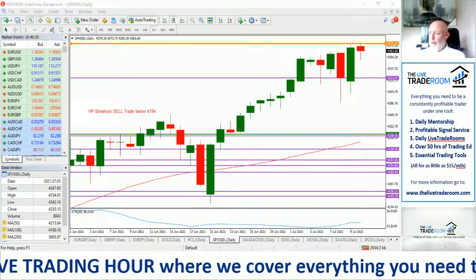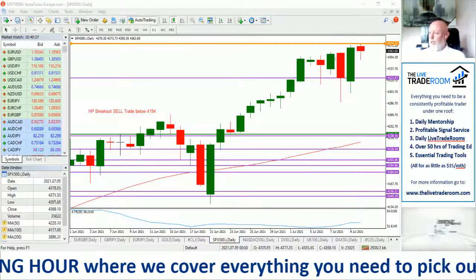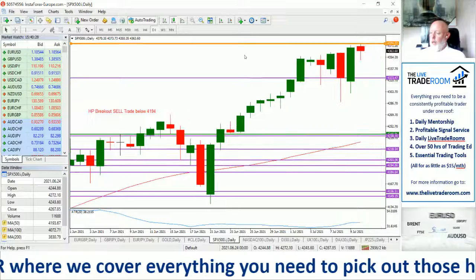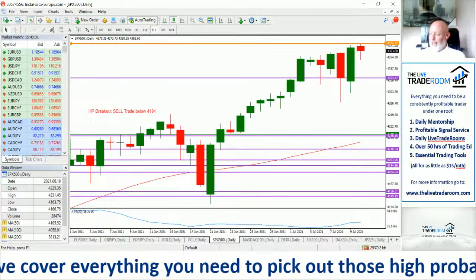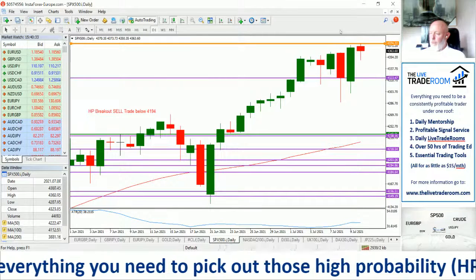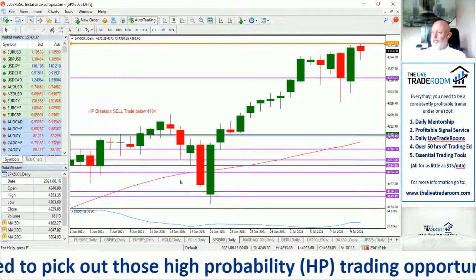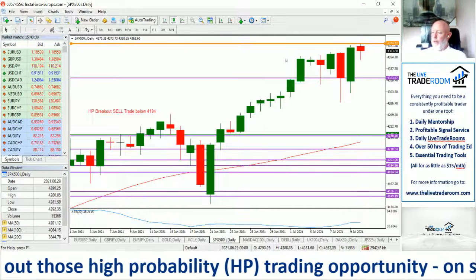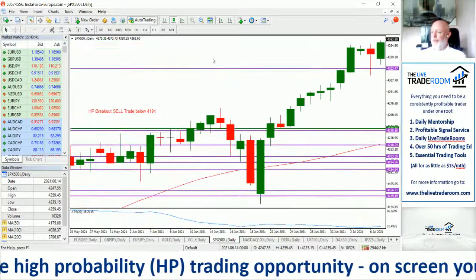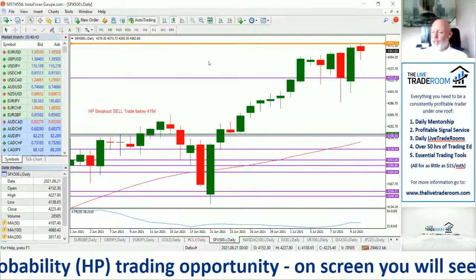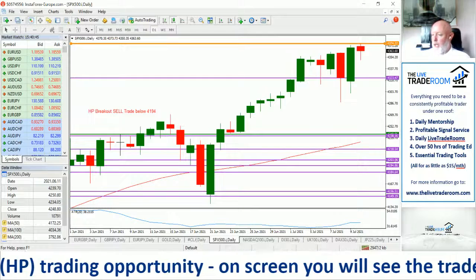The number of participants in these moves is dwindling, let's say. But any time we get any bit of selling, we get a little bit of an uptick. So it just shows the appetite for these markets to continue to the upside.